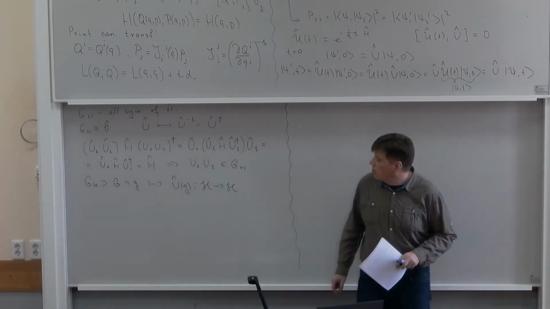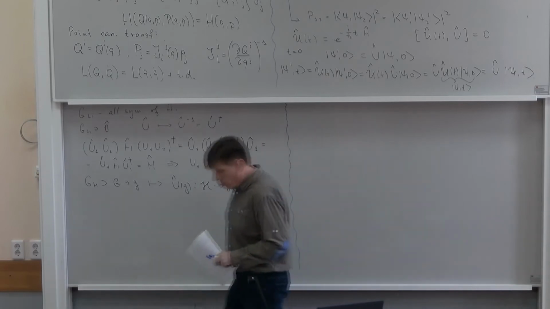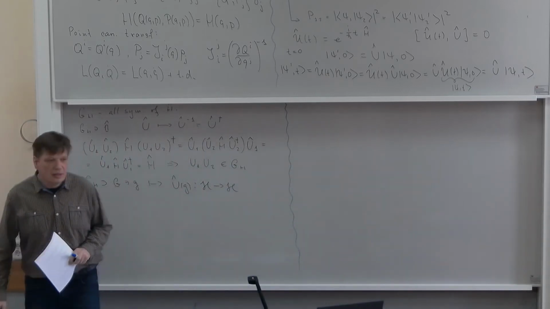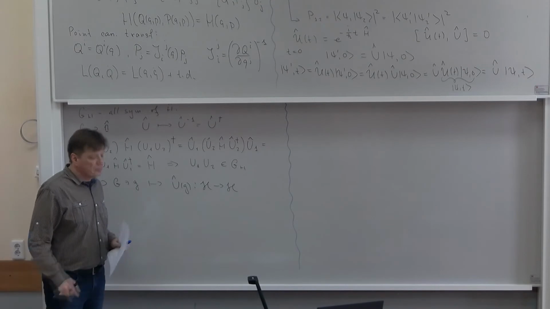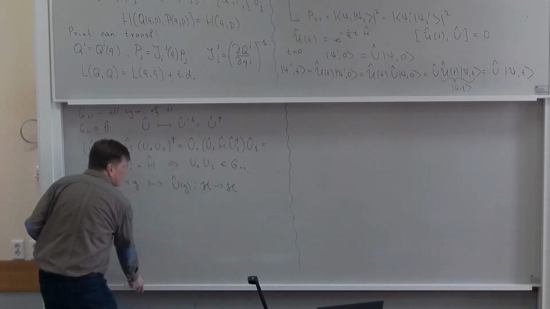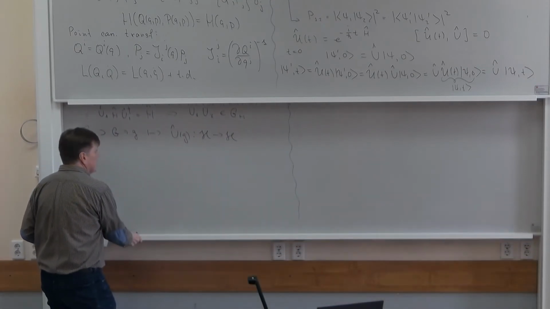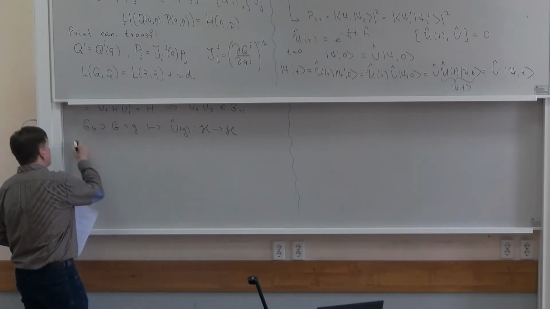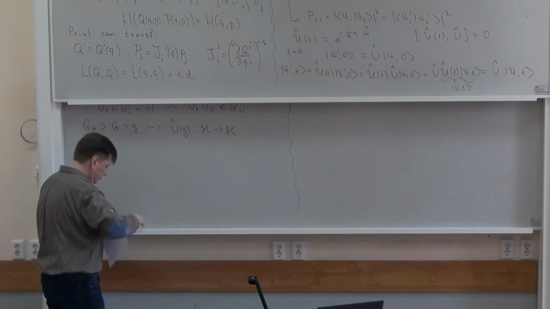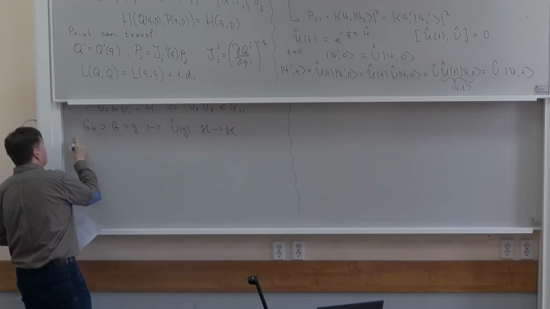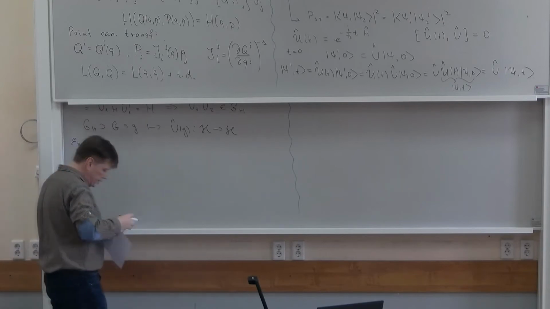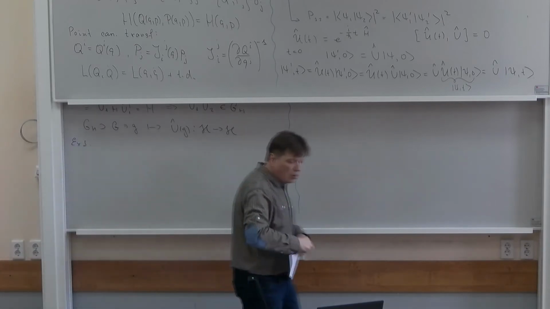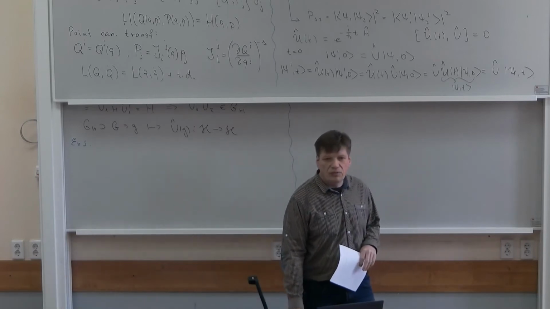Now, to whet your appetite for symmetries, let us consider a few specific examples. As a first example, example 1, let us take a system of n identical fermions.